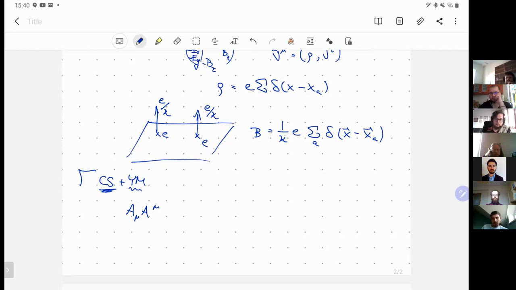Whereas if I add the Chern-Simons term, I effectively generate mass for these A mus, but it's still gauge invariant, and that's only possible by the interplay with the Chern-Simons term. But that was just a side, just an interesting fact of life.